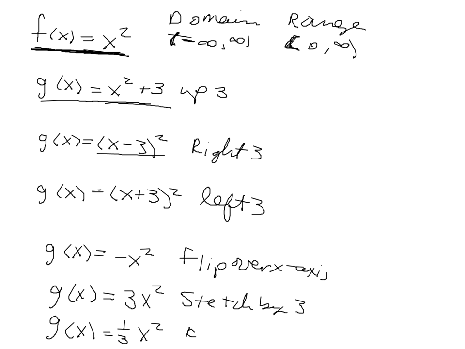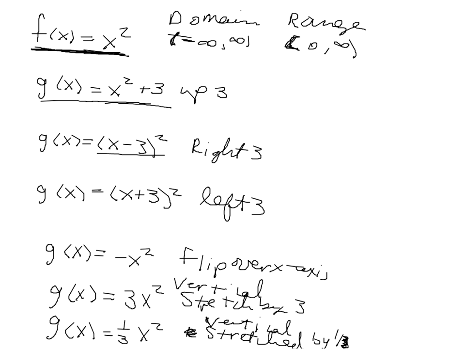And this one was compressed by 1/3, or we can call it stretched by 1/3. And I think we call this a vertical stretch. So let me go put that in. Vertical stretch by 3, and another vertical stretch by 1/3.